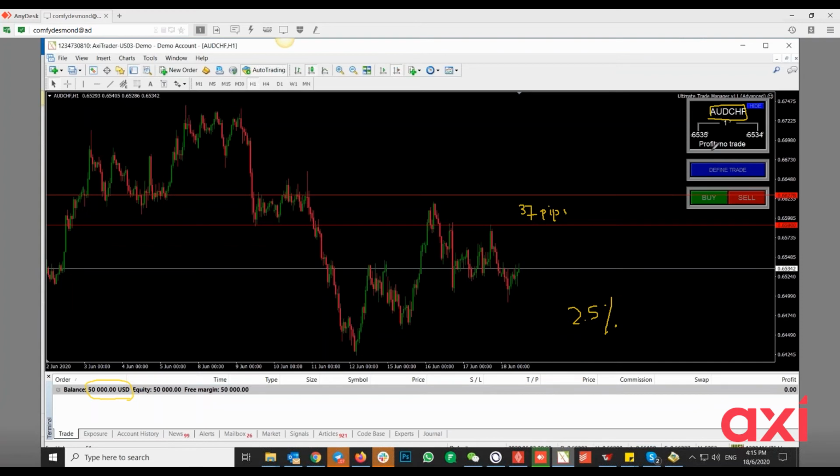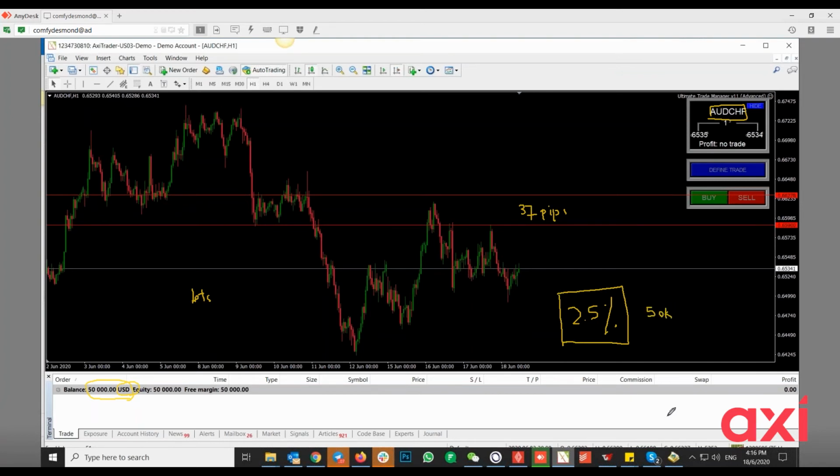Remember, we're referring to Aussie franc, and we are trading in US dollars. What is the lot size for this? Fastest finger first. The person who's able to answer this will get a prize from me at the end. Just like last time. So how many lots do you need to risk exactly 2.5% of your $50,000 account?